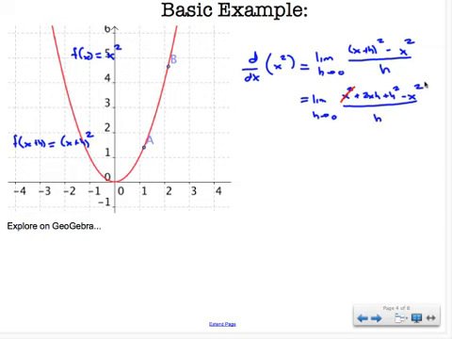The x squareds cancel out, and we'll notice that every term left has an h as a factor. So we're going to go ahead and factor out h over h. I'm still taking a limit as h goes to 0, and I'm going to split this into two limits now.